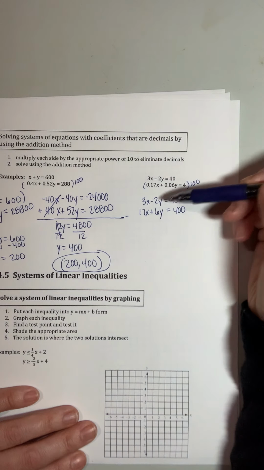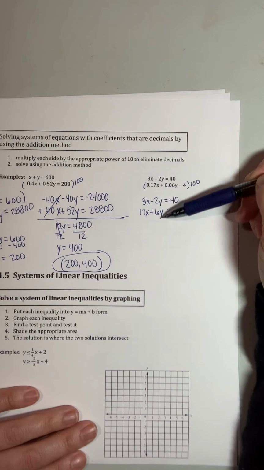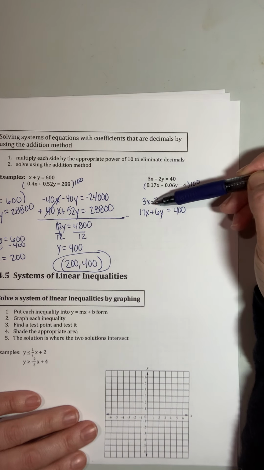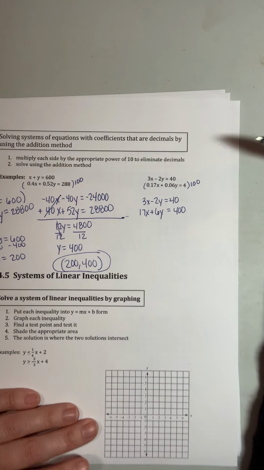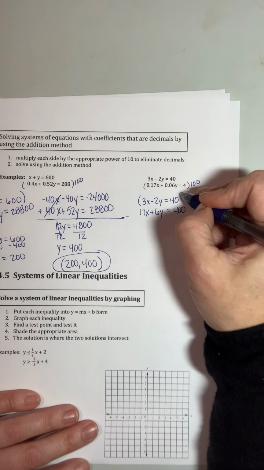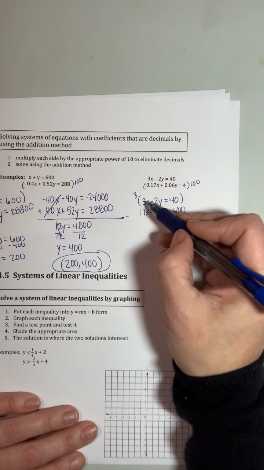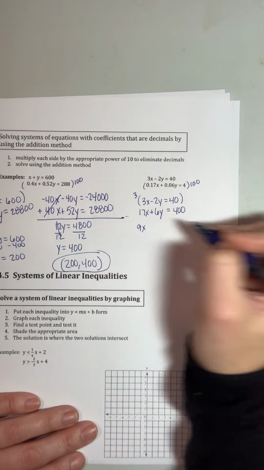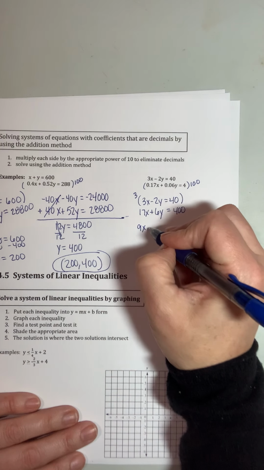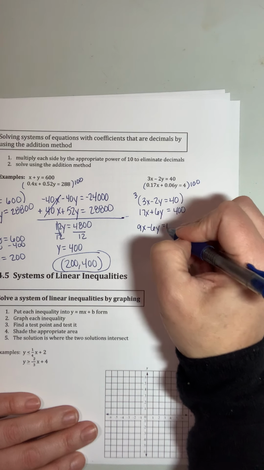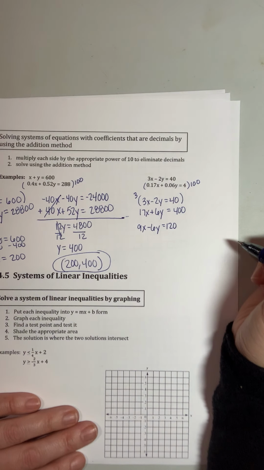So we don't have opposites, but I can get opposites using the 2 and the 6, because if I multiply 2 times 3, I get -6, and I have +6. There's my opposites. So that means I have to multiply all of those by 3. So 3 times 3x is 9x. 3 times -2y is -6y. And 3 times 40 is 120.